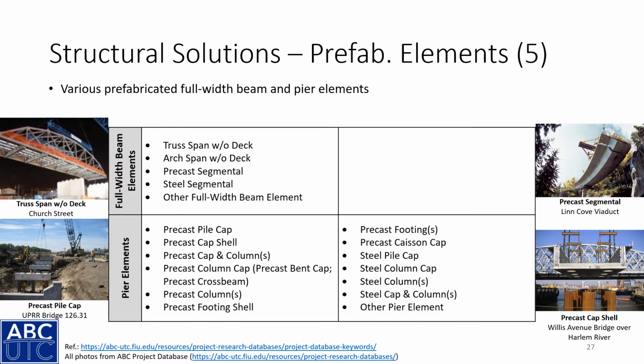The next two categories of prefabricated elements are full width beam elements, shown here, and these are essentially full width beam elements without the deck. If it has the deck, then it becomes a prefabricated system. So here we have a truss span without a deck. And then we also have some pier elements, so precast pier elements and substructure elements here.